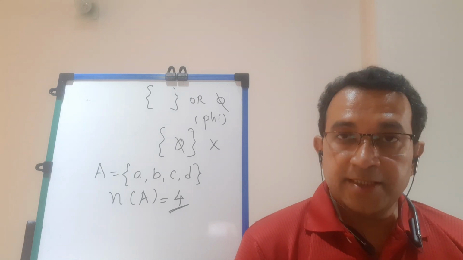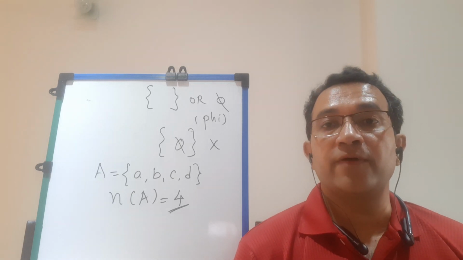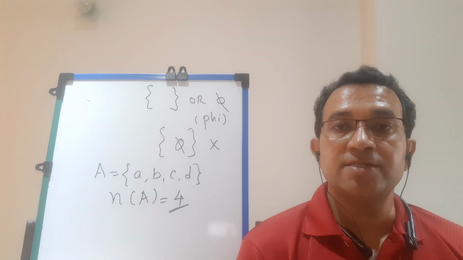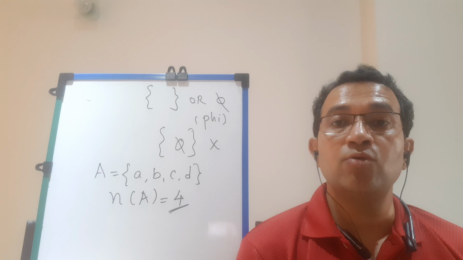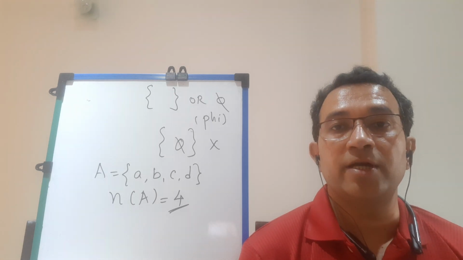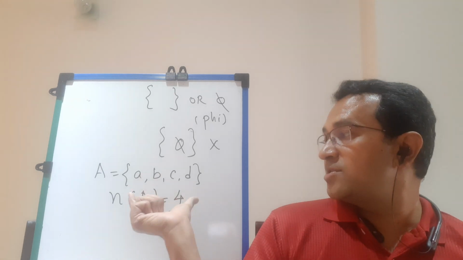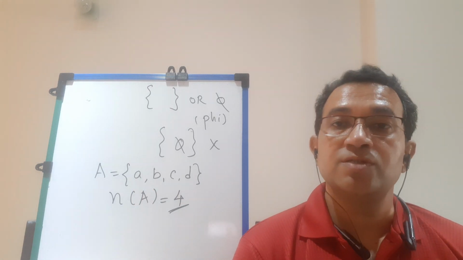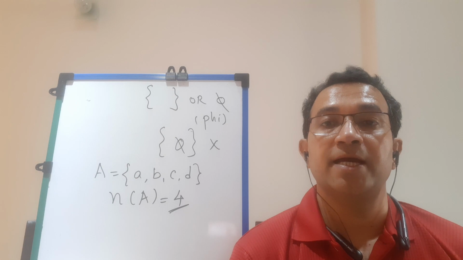So a set which has countable number of elements, students, that set is called a finite set, and a set which has infinite number of elements, uncountable number of elements, is called an infinite set. So this set which I have written of elements A, B, C, D is a finite set, students, because the number of elements in set A is 4.